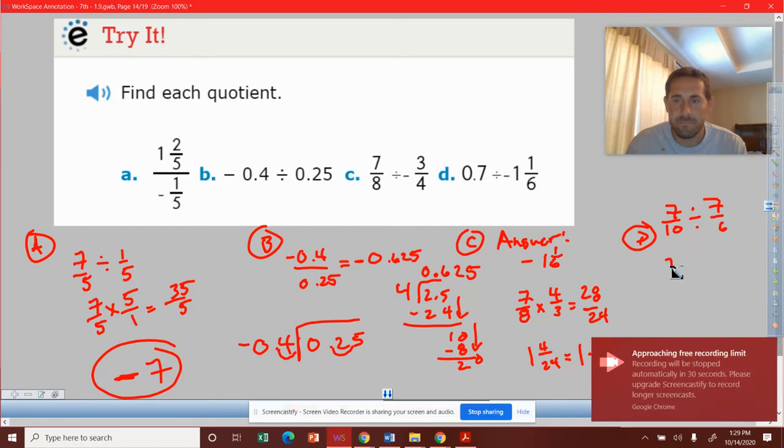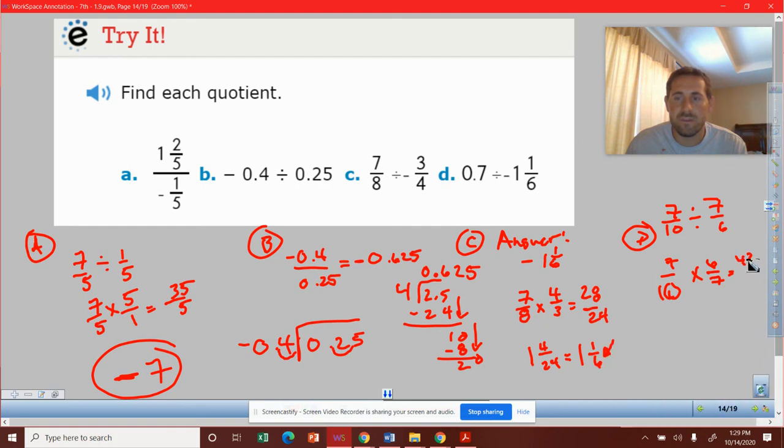Keep change flip. Times 6 over 7 gives us 42 over 70. So 42 over 70 are both divisible by 7. So in other words, I could have taken out that 7, I get 6 over 10, which is 3/5.